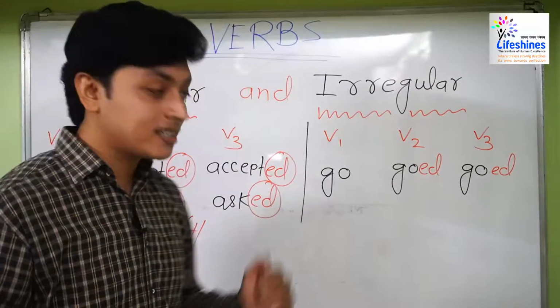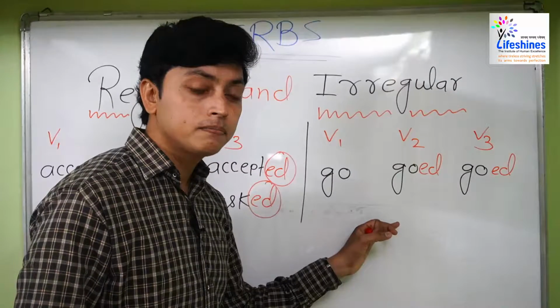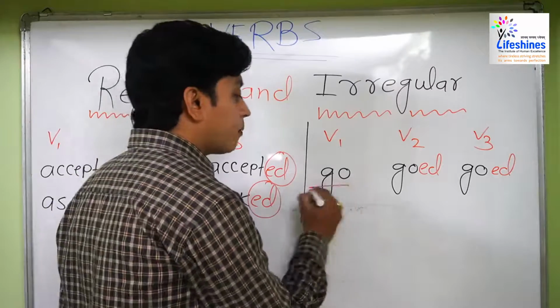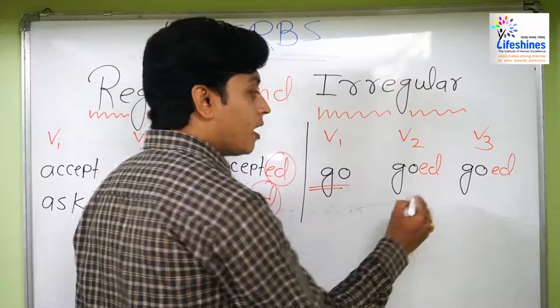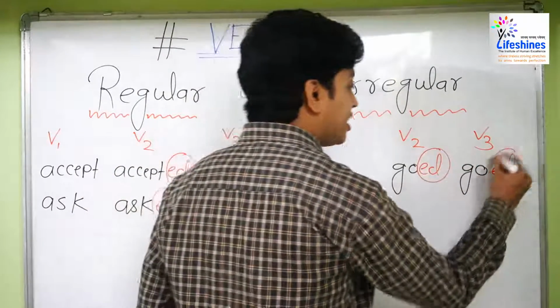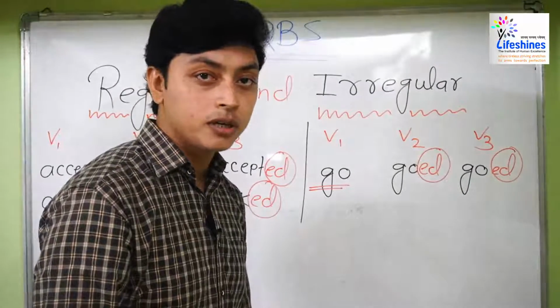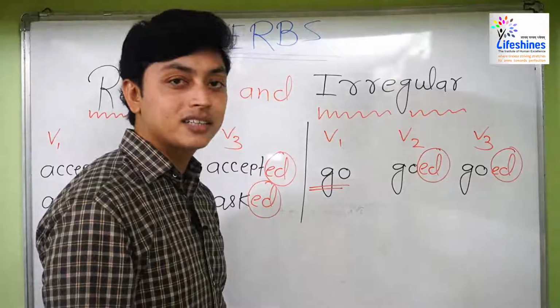Look at this example. Do you find this example correct? No, not at all. The base form is go, and I have tried adding ed to it, but it doesn't sound good. Go, goed, goed. I have never heard something like this.